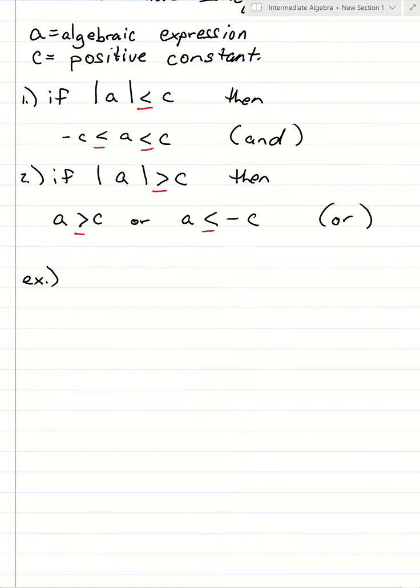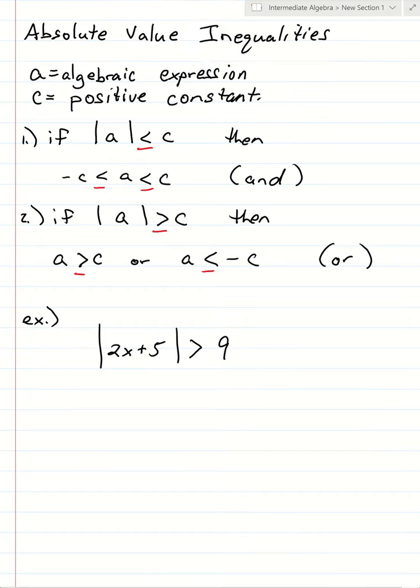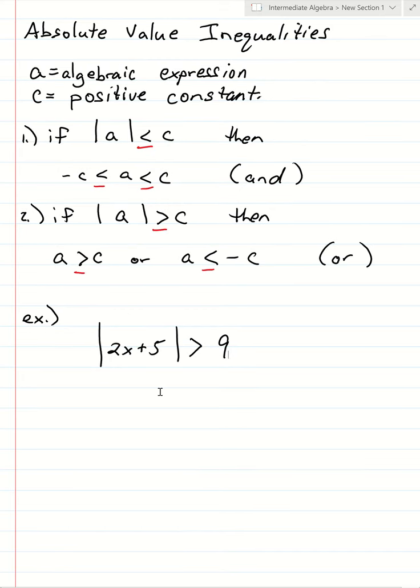Let's say for the following we have the absolute value of 2x plus 5 is greater than, let's say, the number 9. We want to solve this absolute value inequality. Well, let's first take a look at which rule we have to follow.